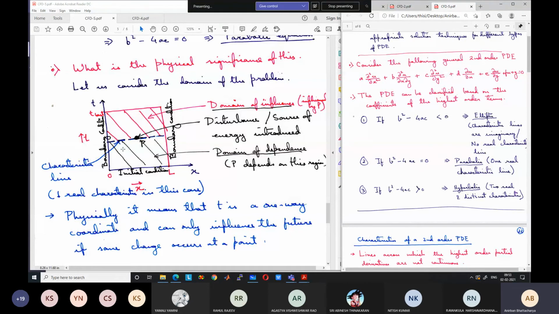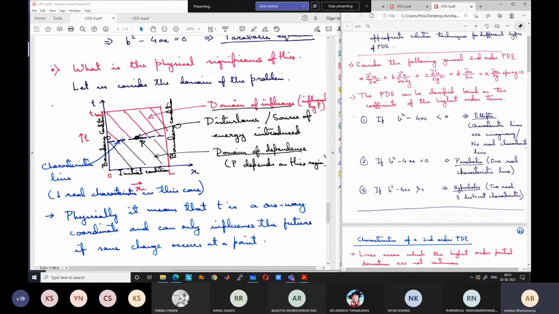What is the significance of this discontinuity? On the top of this horizontal line is a region which can be influenced by this point P, and the bottom of this line is a region which cannot be influenced by this point P.